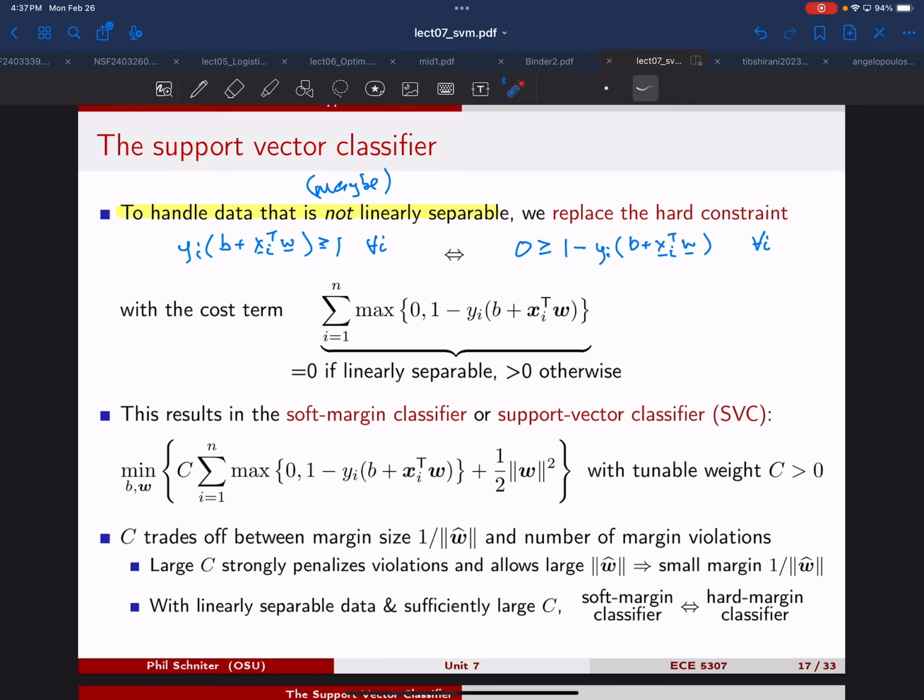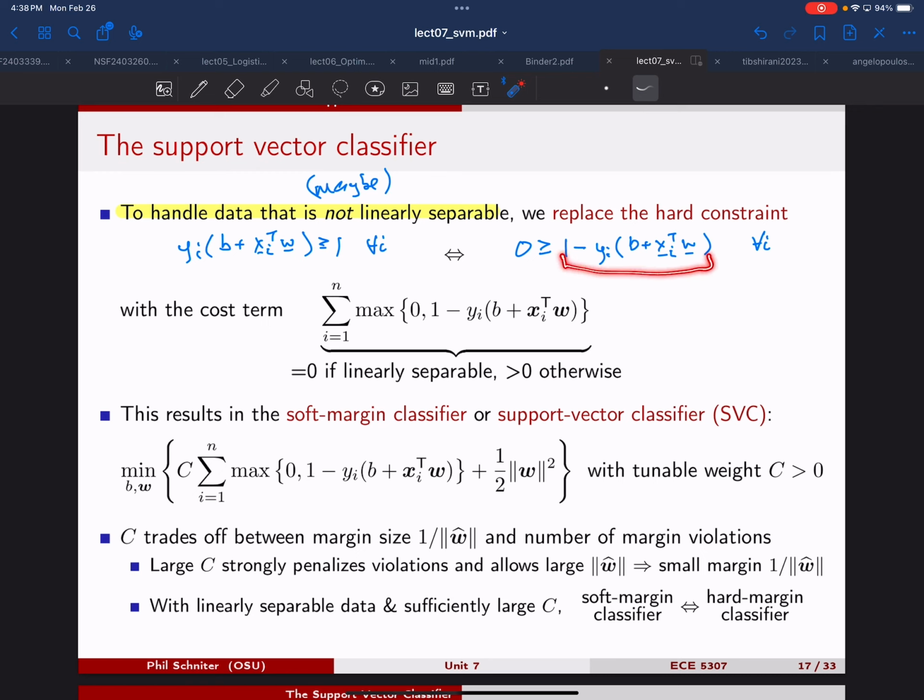Okay, so this is a constraint on the ith training sample, but we want this to hold for all i. And hopefully you can see that these are equivalent. All I'm doing is just bringing that to the other side and rewriting it. Once we have it in this form, you can see, okay, I have this term here.